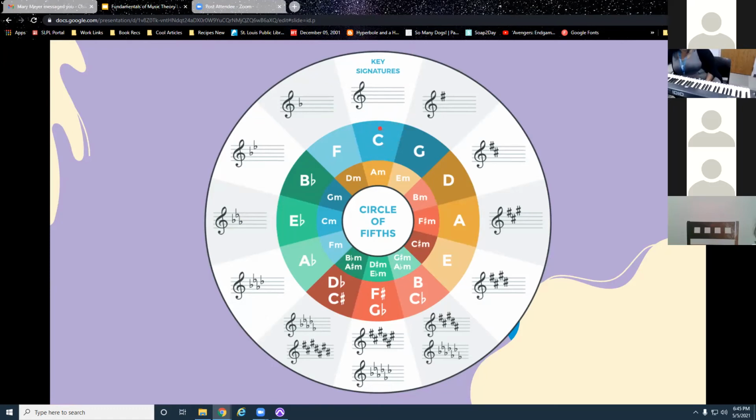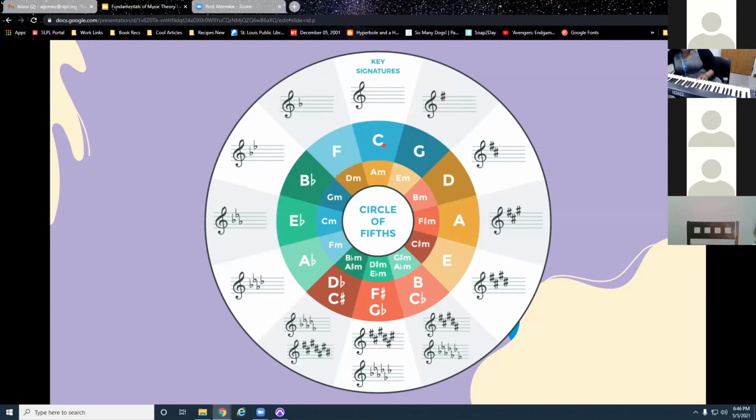So when we start on C, on the piano, C, 1, 2 D, 3 E, 4 F, 5 G. The fifth note, or the fifth scale degree, in the C major scale is going to be G. So in the circle of fifths, we start with C and we go up one to G. And look at that, the first one there has 1 sharp.